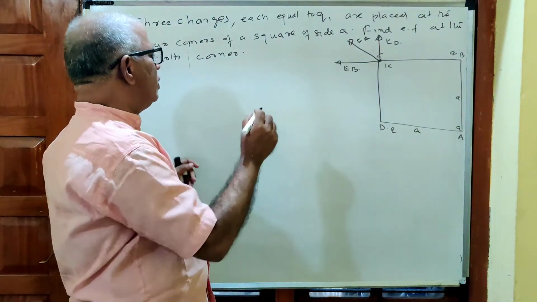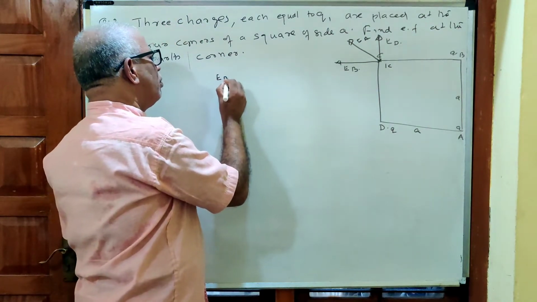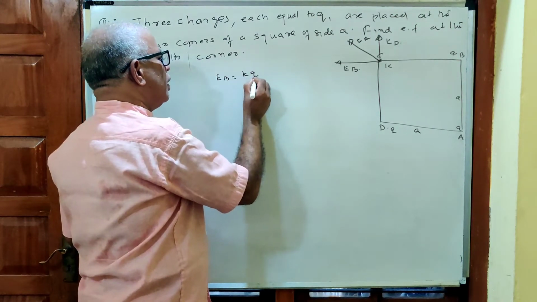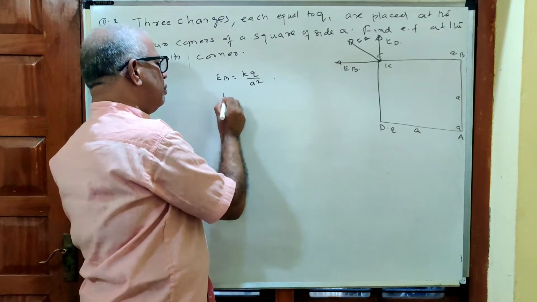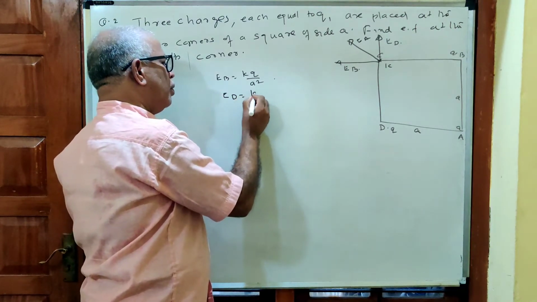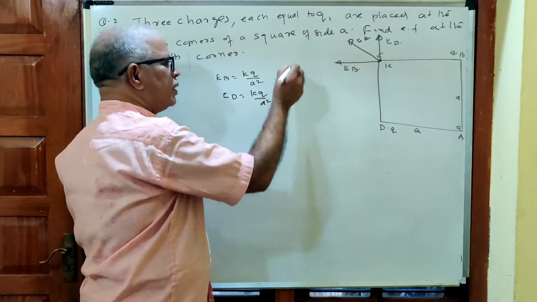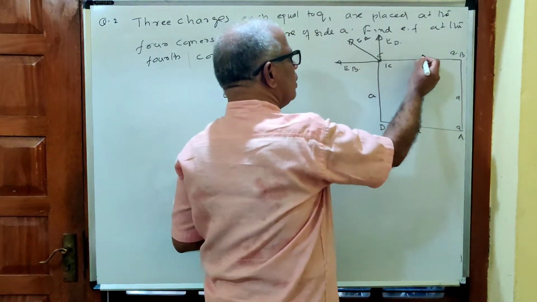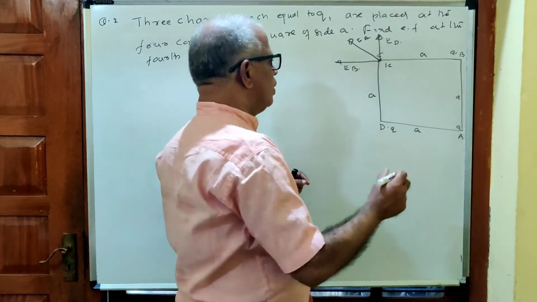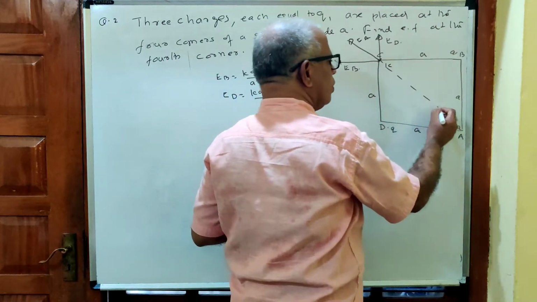What is EB? EB is equal to KQ by a square. ED again is equal to KQ by a square. Direction as shown. So this is the distance a. This distance is how much?